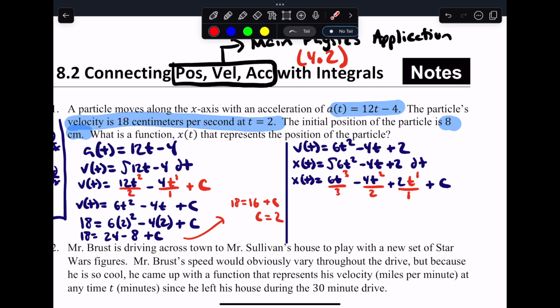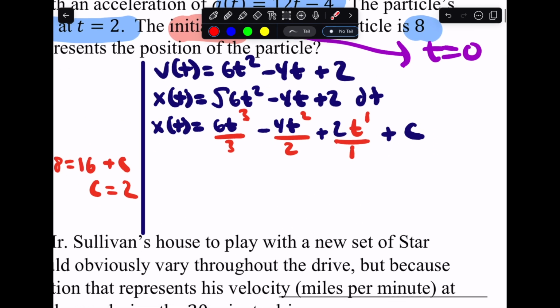If we're thinking about that initial position, that is specifically going to be when t is equal to 0. So when t equals 0, it looks like that position is 8 centimeters, and we're going to use that once we simplify our equation here.